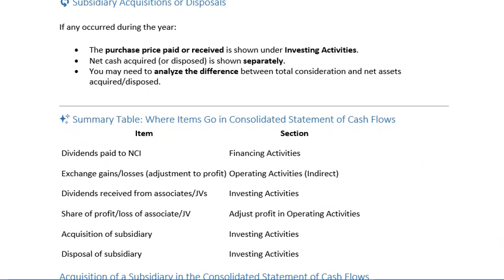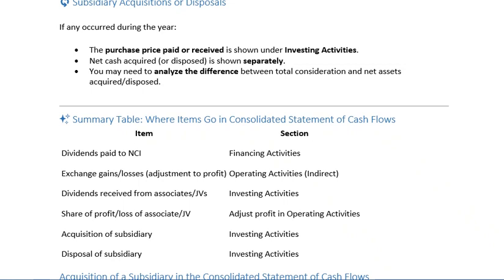Now the reason is that your dividend paid, where do you find it in your financial statement? Dividend paid is after profit after tax. Is it in your income statement or statement of financial position? It's under income statement. So if it is in your P&L account, then your dividend paid should be in operating activities.